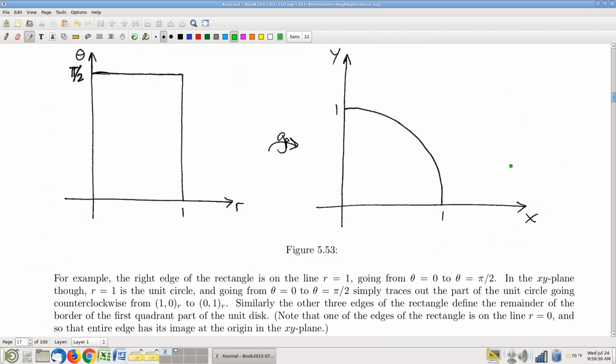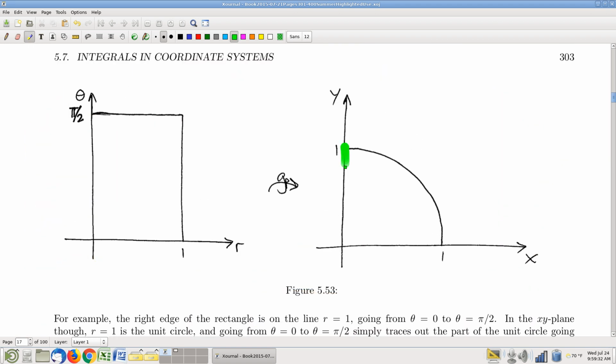So, for example, here's a domain. I'm going to call this an undesirable domain in the xy plane, because whichever way you slice, you've got to solve either for y as a function of x or x as a function of y. Either way, there's going to be a square root involved. And square roots on the inner bounds means square roots in your outer integrand, and square roots in an integrand is very often hard.